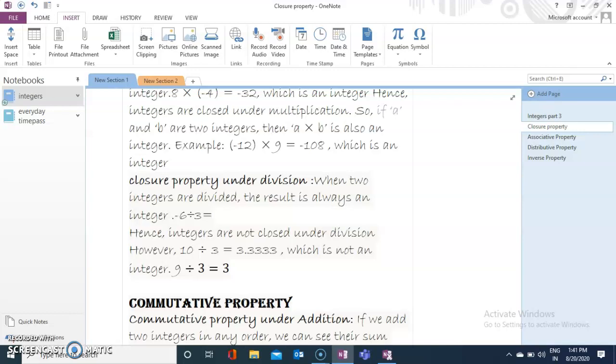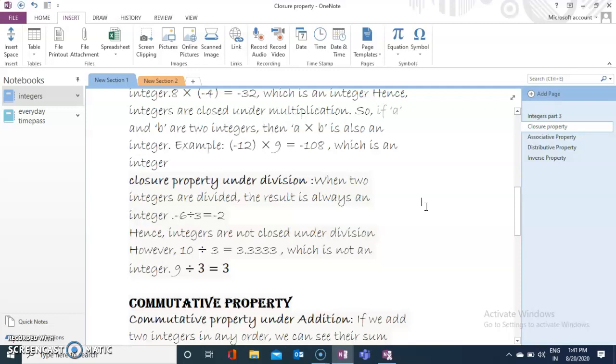Here 3 twos are 6, but one number is minus, and in the operations on integers, we learned that when there is one minus and one positive, the result will also come in minus. So the answer is minus 2.